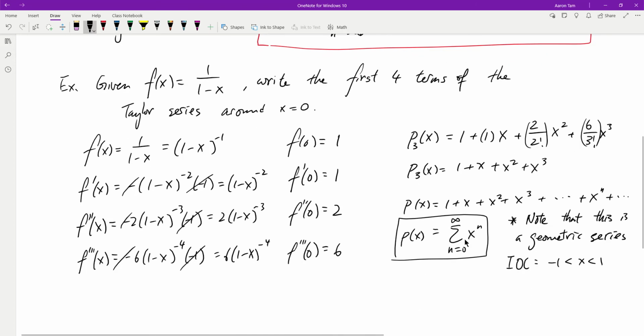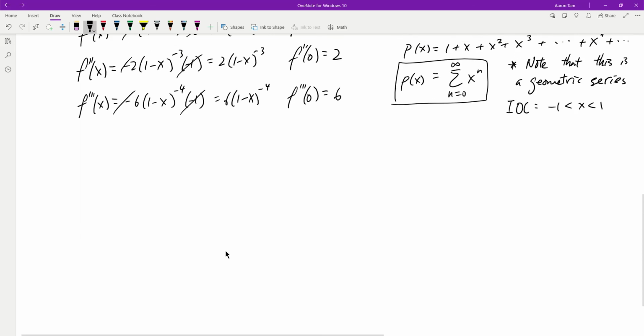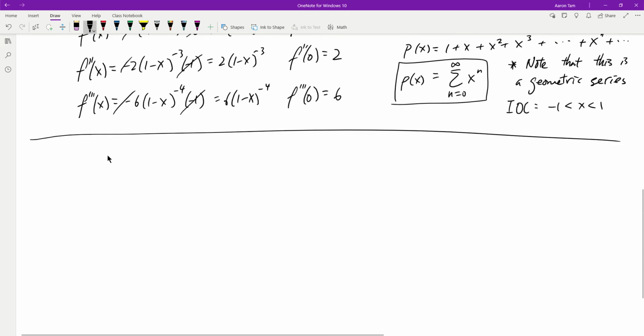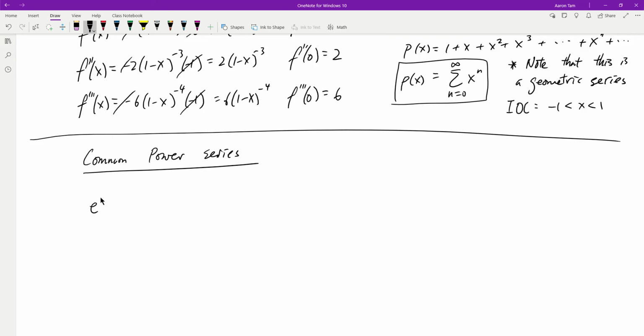Now, there are some interesting things I want to show about power series, but before I do that, I need you to know some of these common power series, or common Taylor series. These power series are very common and you should know them, and they all came from Taylor series. The first one you should definitely know is e to the x, because we just used that in chapter 13.2. It is 1 plus x plus x squared over 2 factorial plus x to the third over 3 factorial plus dot dot dot.